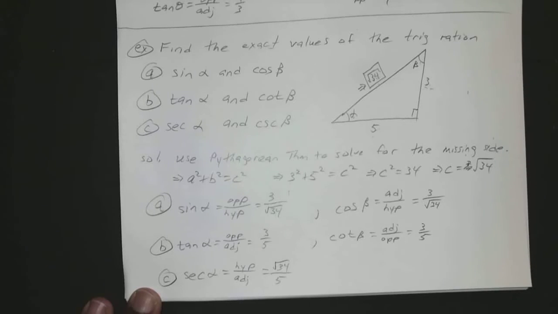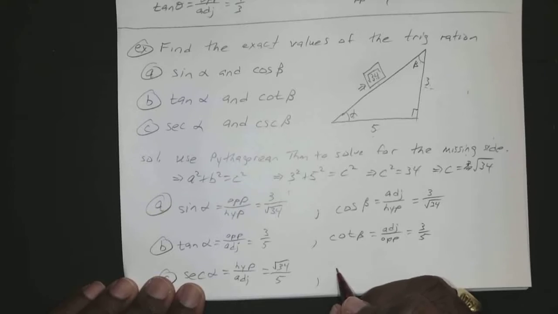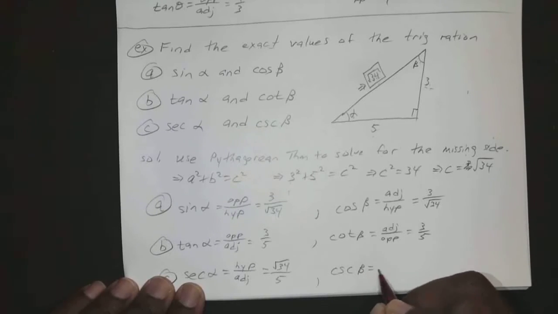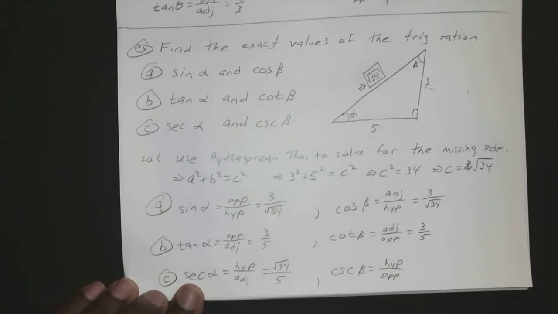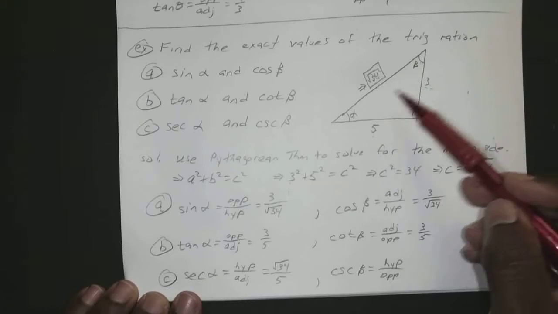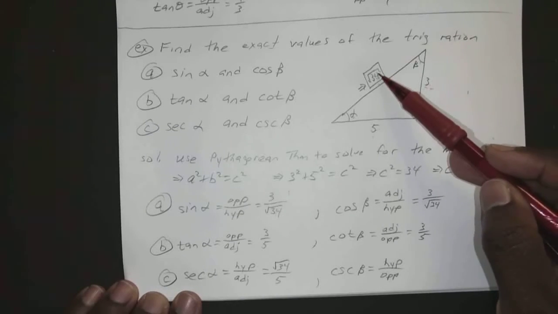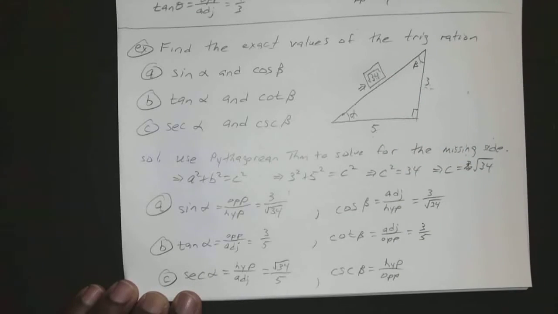And cosecant of beta, remember that's just sine flipped, so that's hypotenuse over opposite. So if we have our beta, hypotenuse over opposite is square root of 34 over 5.